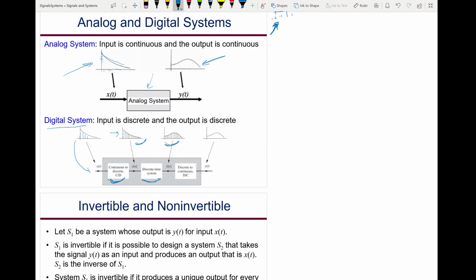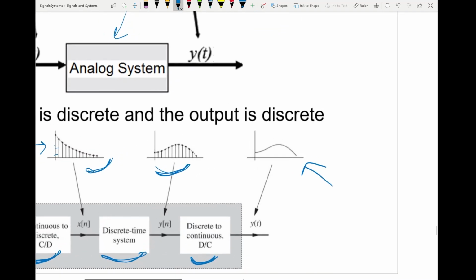Now, if I want to convert it to an analog output that I can hear or see, then I take it to this converter, which will convert discrete to continuous, and I get this signal. We will learn about the digital to analog or discrete to continuous converter. Basically, from these samples, and maybe previous samples, I can predict what's in the middle, so it becomes continuous.